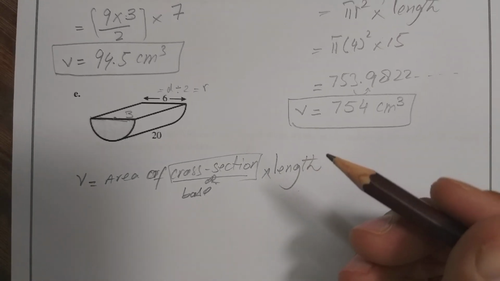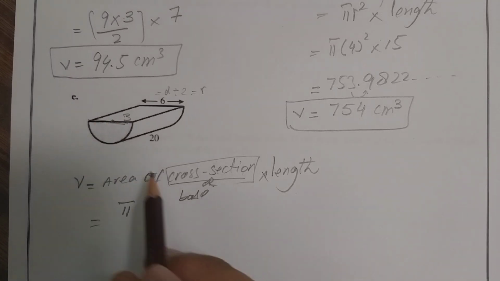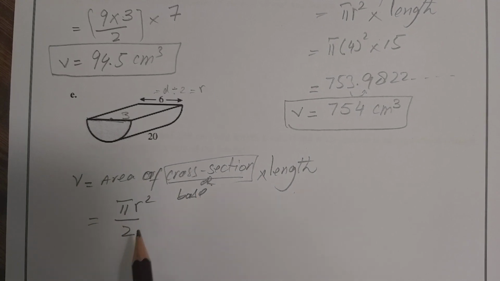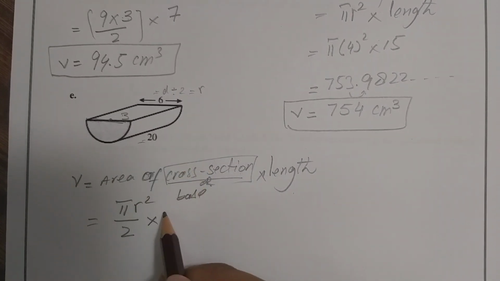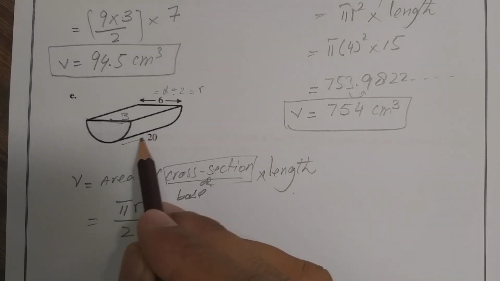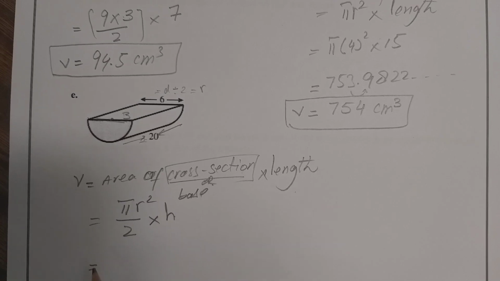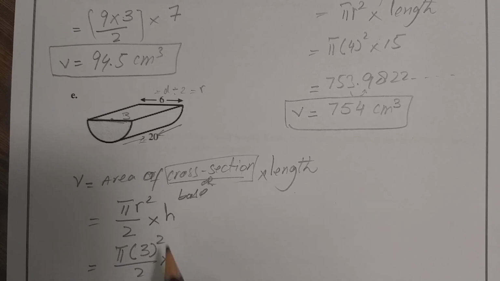Now the area of the base is pi r square, because it's cylindrical, but because it is half of the cylinder, divided by 2, times the length of the cylinder. So we are given r equals 3, square, divided by 2, times the length of the cylinder, which is 20.